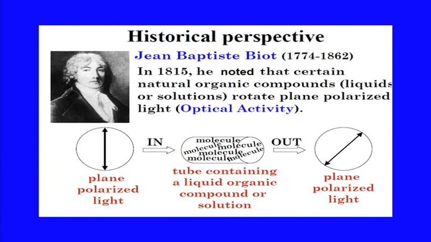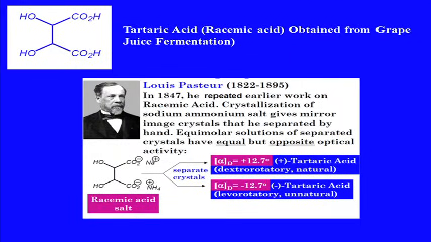Then what happened? After this event, Louis Pasteur, the famous, again French chemist, came into the picture. At that time this molecule was known, called tartaric acid. It was obtained from various sources, like from fermentation of grape juice.